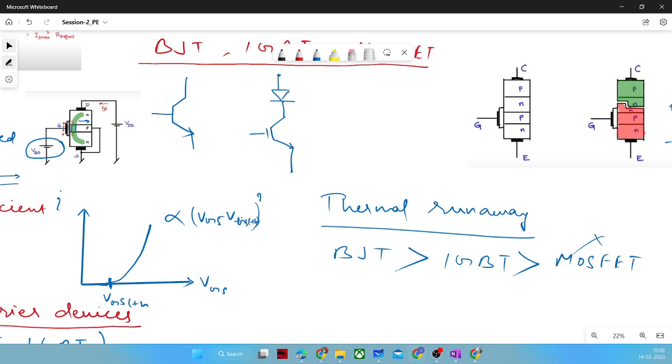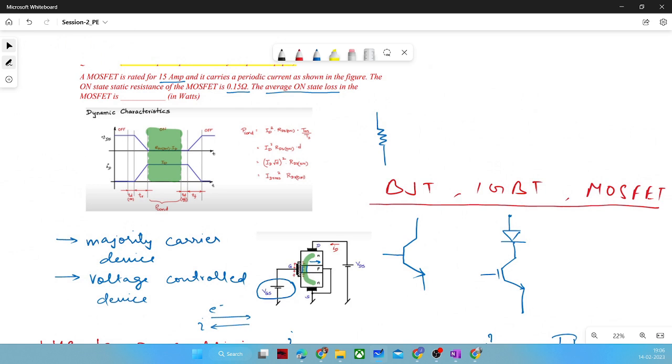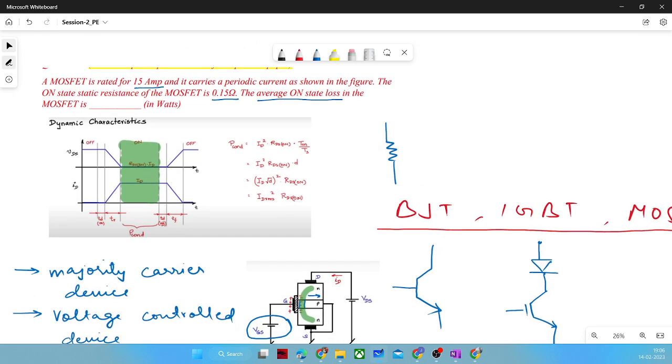So I'm back. That's what we discussed, that a MOSFET can be modeled as a resistor, and we just discussed why we can model it. So we should go ahead with the problem here.